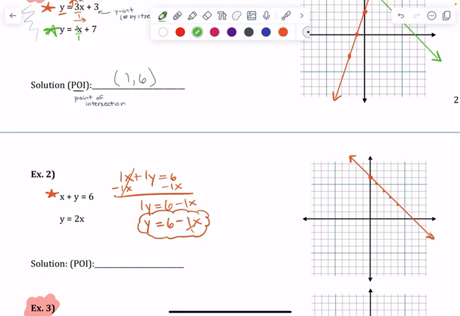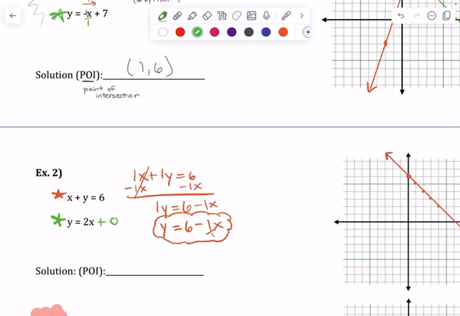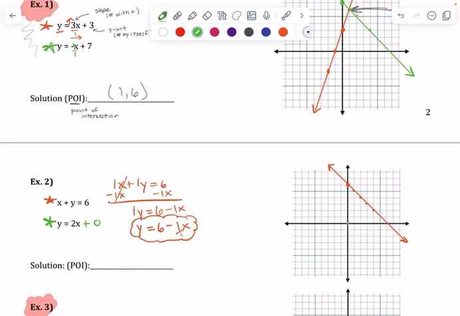Then we'll plot our other line, which is solved for y. There's just no y-intercept there, so the y-intercept is going to be 0. Slope is positive 2. So up 2 over 1. Again, the more points you can do, the better, just to make sure we're precise in getting that correct point of intersection, that solution, to both of your equations.